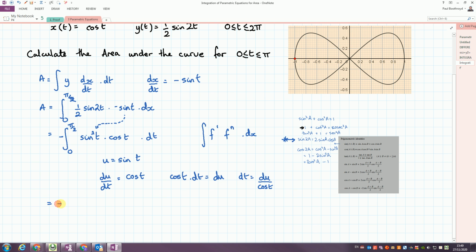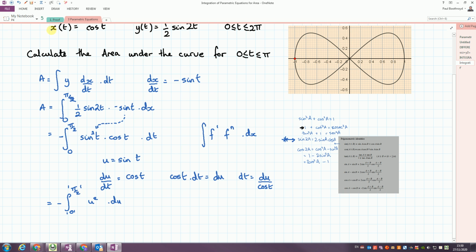So we now wind up with the integral from 'zero to pi over 2', and I'm putting these in quotes because we're no longer dealing with pi over 2. I'll discuss what happens to them in a minute. Of u squared du, since the cos's cancel.